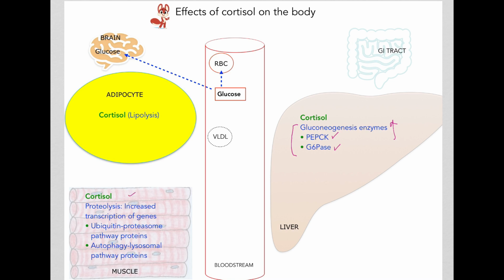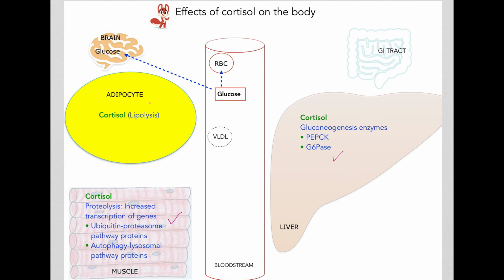In the muscle cell, cortisol will increase proteins of the ubiquitin proteasome pathway, as well as the autophagy lysosomal pathway proteins, and an increase in these proteins will cause muscle proteins to be broken down into amino acids, what we call proteolysis. So by increasing the amount of these proteins, cortisol will increase gluconeogenesis in the liver and will increase protein breakdown or proteolysis in the muscle.